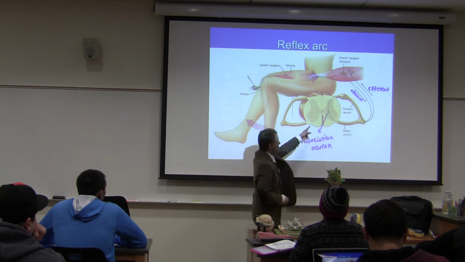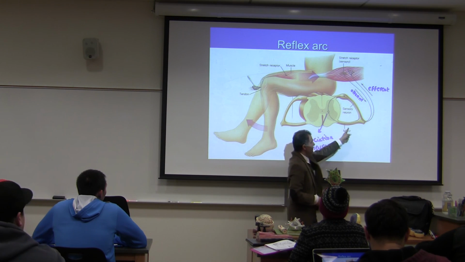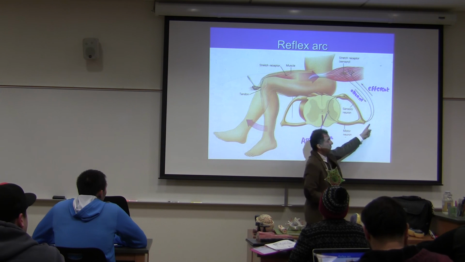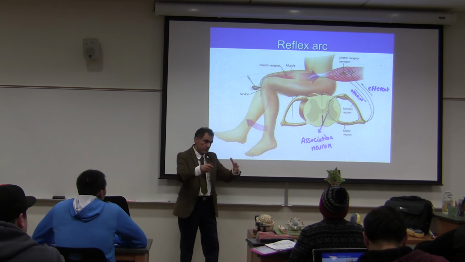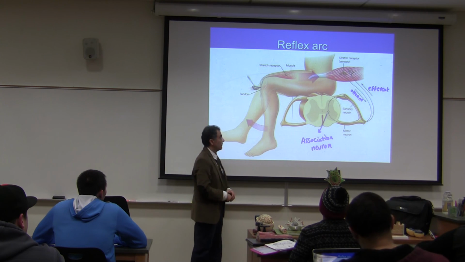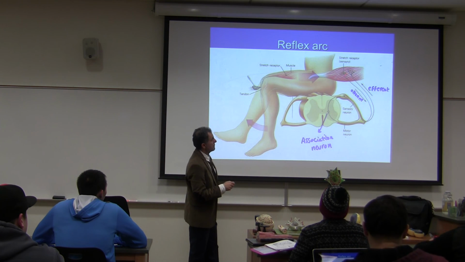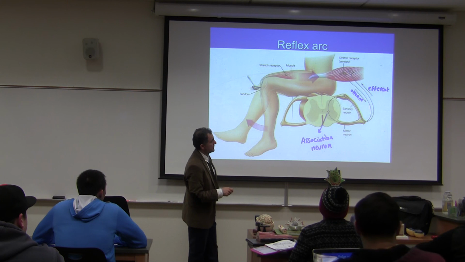An association neuron sends the information into the motor neuron, into the muscle, and the muscle will contract. It will jerk. Okay. So the afferent neuron is the same as the sensory neuron. The association neuron is found in the spinal cord, the central nervous system, and takes it into the motor neuron.